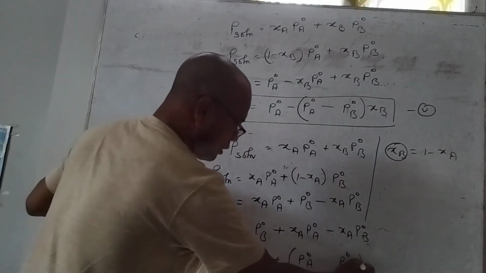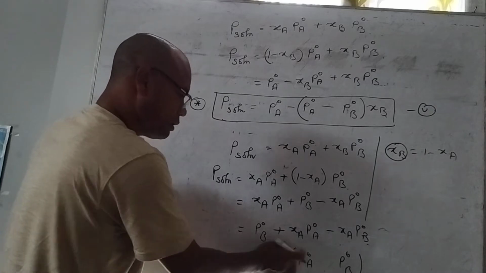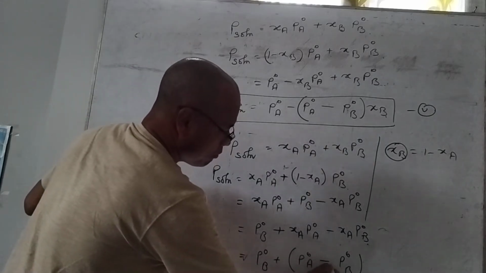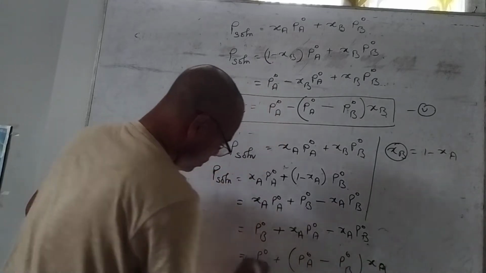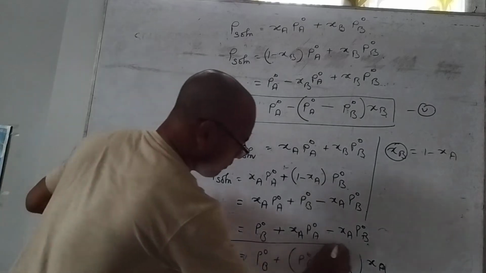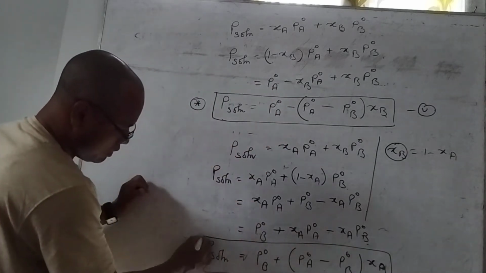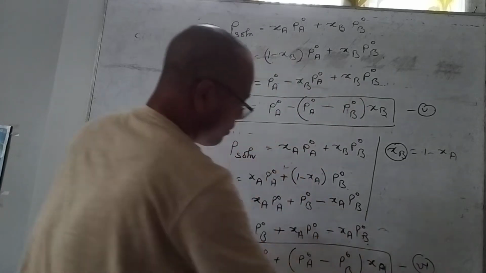When the brackets are opened, the sign is minus, no doubt. So this is another equation we can derive, which is another form of Raoult's law.